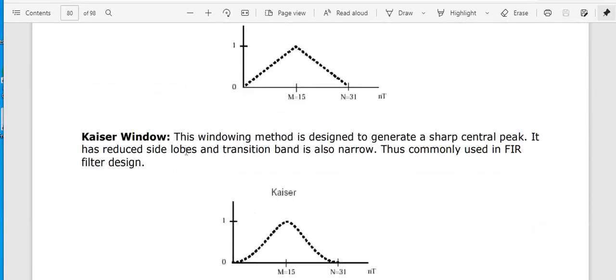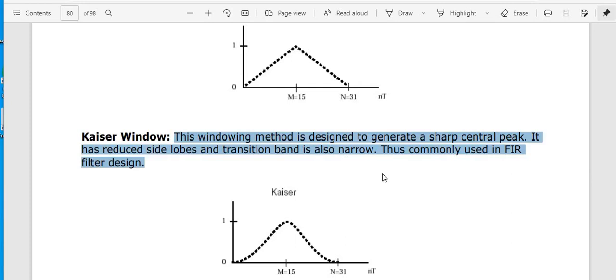Next kind of window is what? Kaiser window. So what is the Kaiser window all about? Why are we going with the Kaiser window? We already had the rectangular window and the triangular window. What is the use of the Kaiser window? This windowing method is designed to generate a sharp central peak. The central peak should be very sharp, and it has reduced side lobes and narrow transition bands.